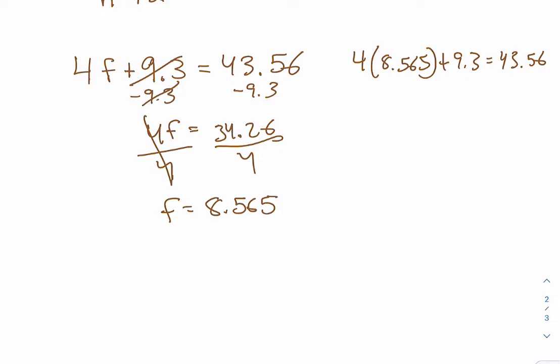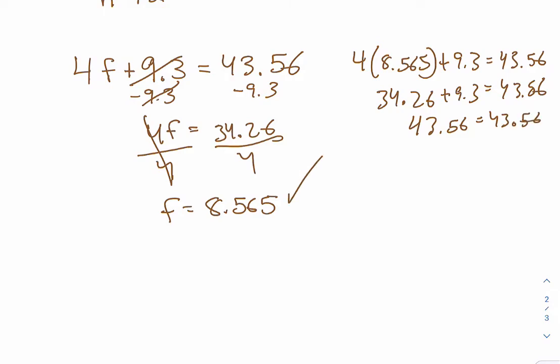So times 8.565 by 4, and that gives me 34.26. Then I add 9.3, and that gives me 43.56 equals 43.56. So check, that one's good.